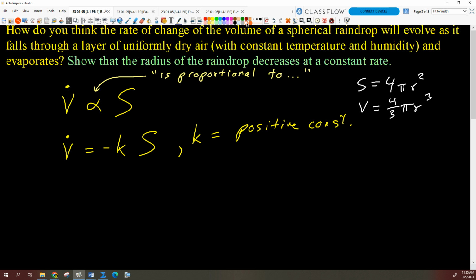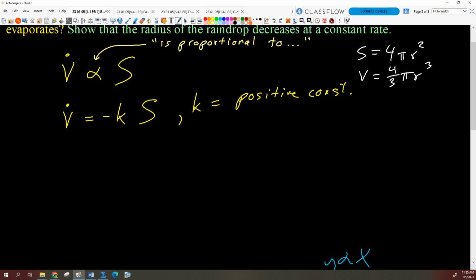Okay, make sense? So one thing we could do is make that substitution here. We know what S is equal to. So we could rewrite this as V dot equals negative K times 4 pi r squared. Well, now at least we got a radius in there.